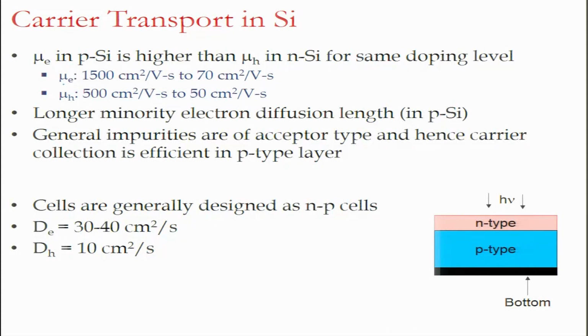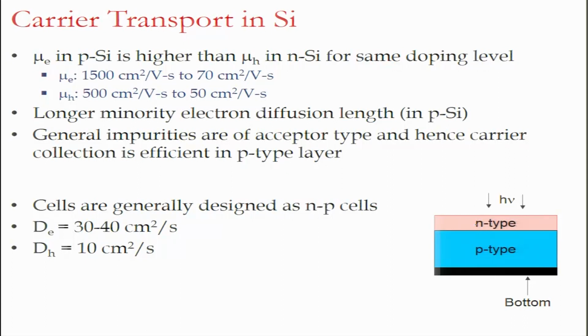For example, electron mobility in P silicon is in the range of 1500 to roughly 70 centimeter square per volt second, whereas for holes it is 500 to 50. So, P silicon having higher mobility is again a reason why the P side should be made thicker. As a result, you have a longer minority carrier diffusion length in P silicon, which is why it is made thicker.